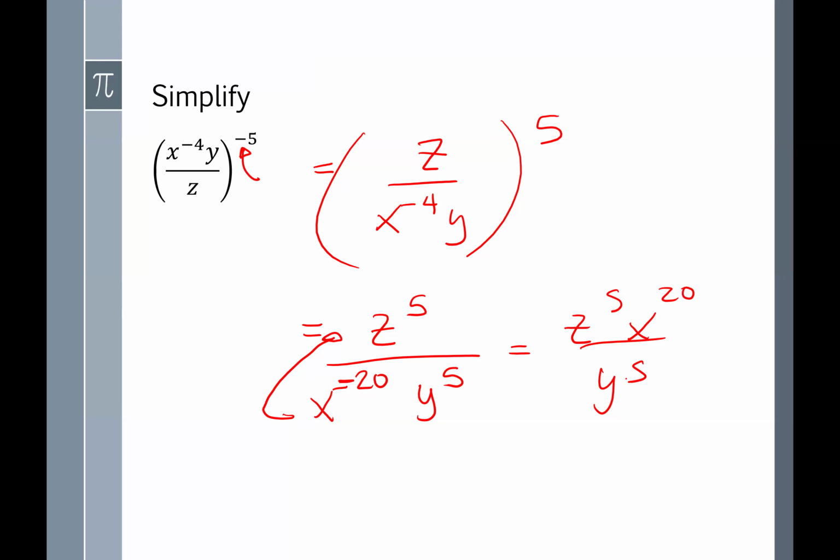Again, that's because it's the reciprocal. So you may have learned that particular rule. If you have a negative exponent in the denominator, you can move it to the numerator by changing the sign. If you have a negative exponent in the numerator, you can move it to the denominator by changing the sign. Any questions?